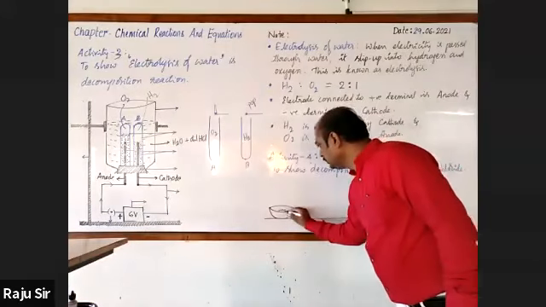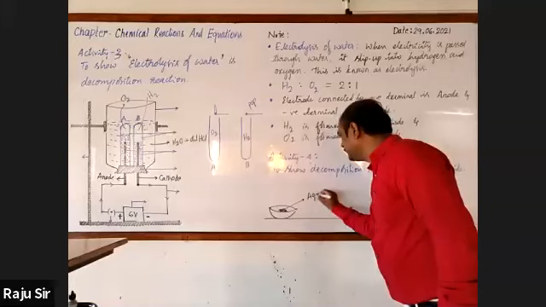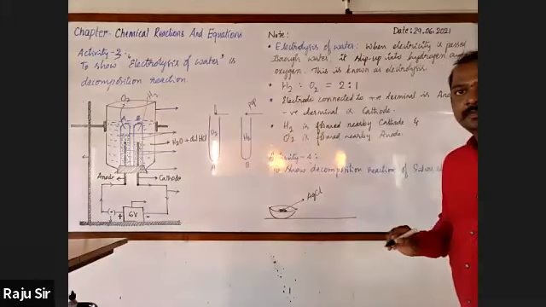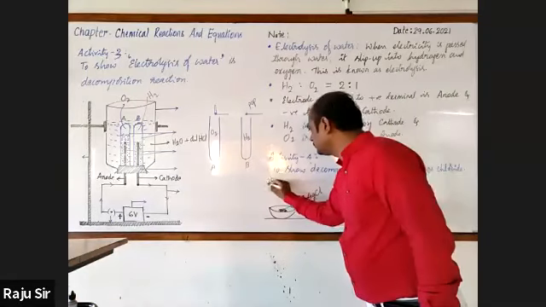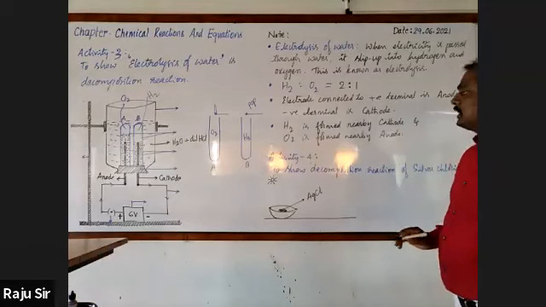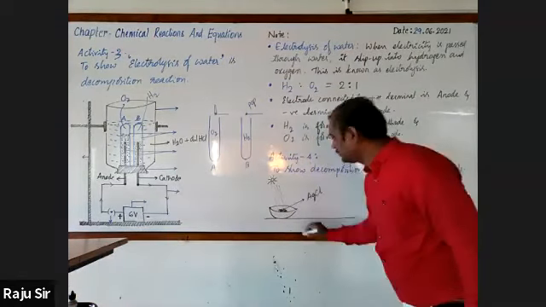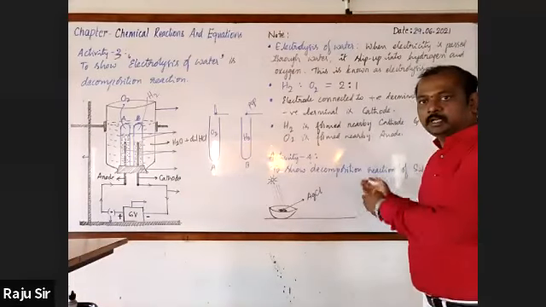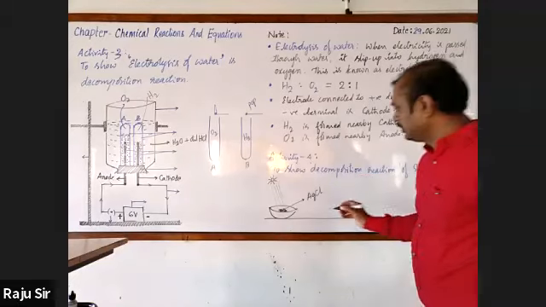In this, you have taken some amount of silver chloride, AgCl, and it is to be placed in the sunlight. Then in the presence of sunlight, it decomposes into silver and chlorine.